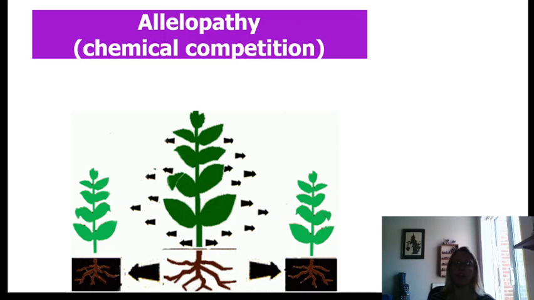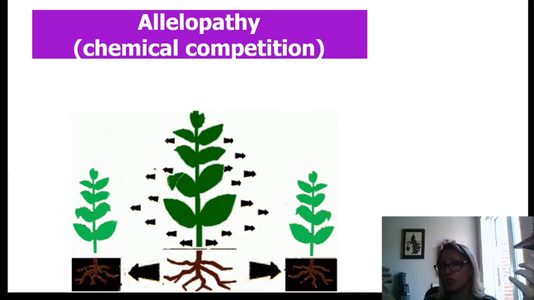And not only do they have competition for resources, but sometimes you get, well, I suppose this is a response to competition between resources. Sometimes you get chemicals being released from organisms. In this case, we're thinking about plants. So here, the plants can release chemicals that actually will decrease the growth of other plants around them.